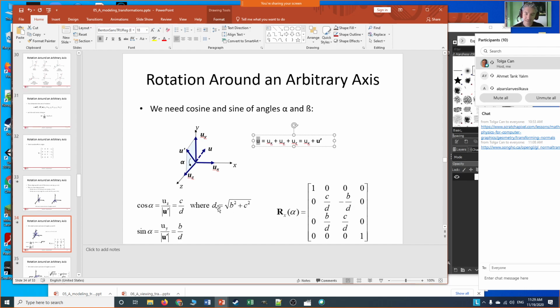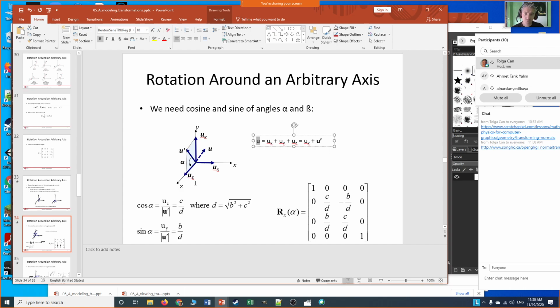Let's call it d. The cosine of the angle of this projection of u, since it was 0, b, c, is c divided by the hypotenuse, the square root of b squared plus c squared. The sine of the angle is b, its y coordinate, while c is its z coordinate.